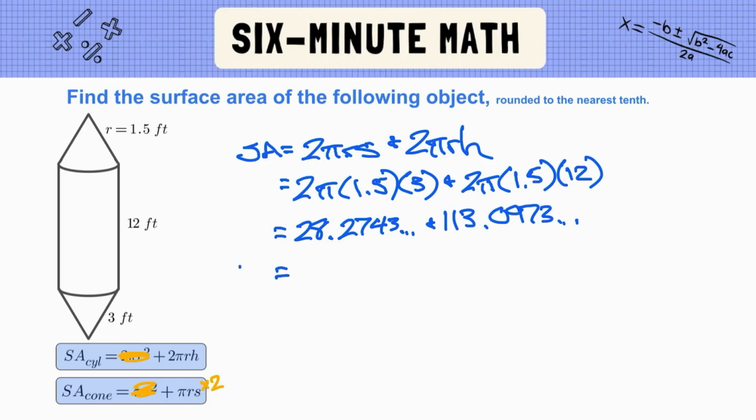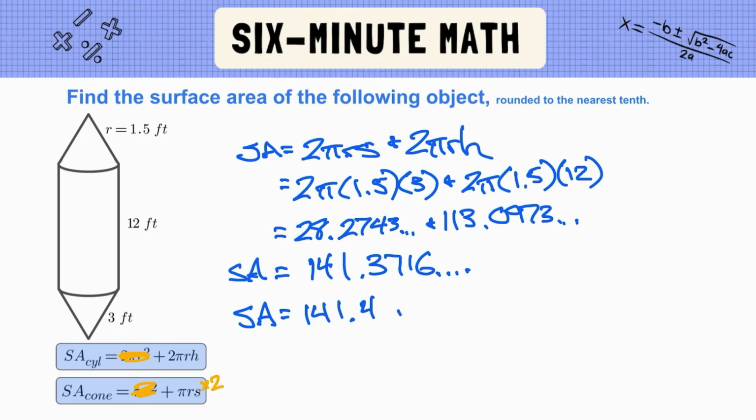I add those together for a surface area of 141.3716. And we're going to round that to the nearest tenth for a final surface area answer of 141.4 square feet.